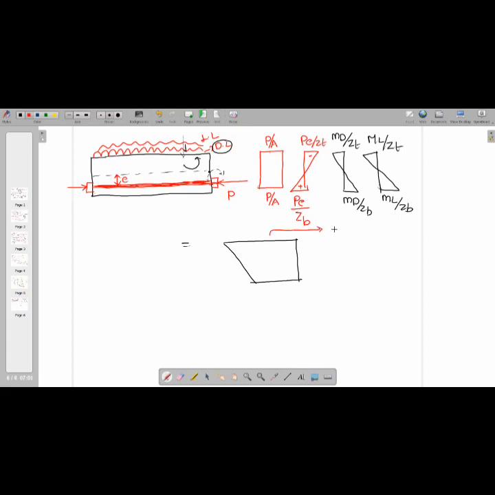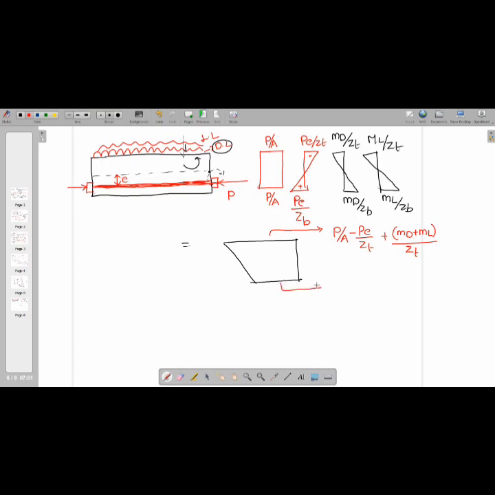The stress at top is P by A minus PE by ZT plus MD plus ML upon ZT.